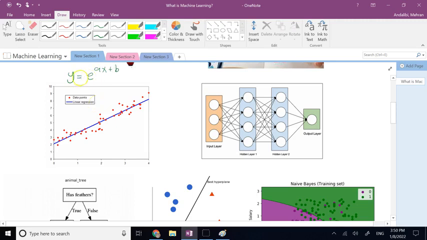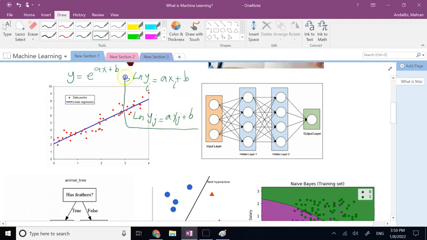Now, this is clearly a nonlinear function between y and x, but if I take the natural log of both sides, and now I write this relation one time for xi and yi and the other time for xj and yj, guess what?